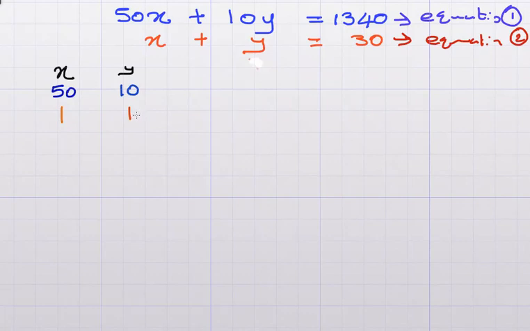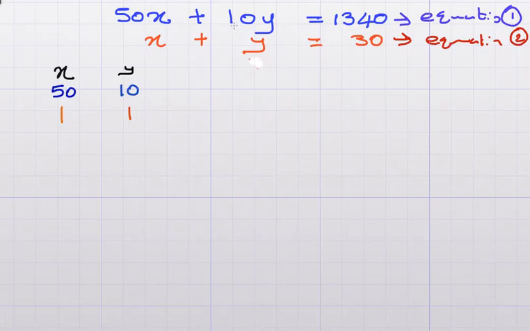Which means the equations are not yet ready for the method of elimination. So what do we have to do then? We have to change one of these equations so that at least one letter has the same coefficient. What's the plan? Can we change it?